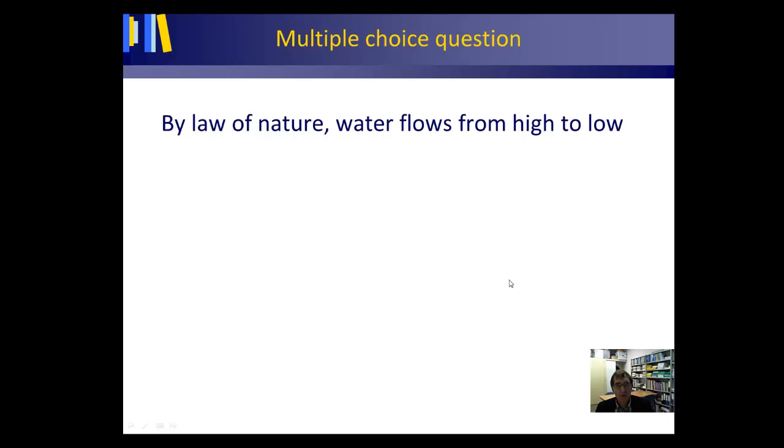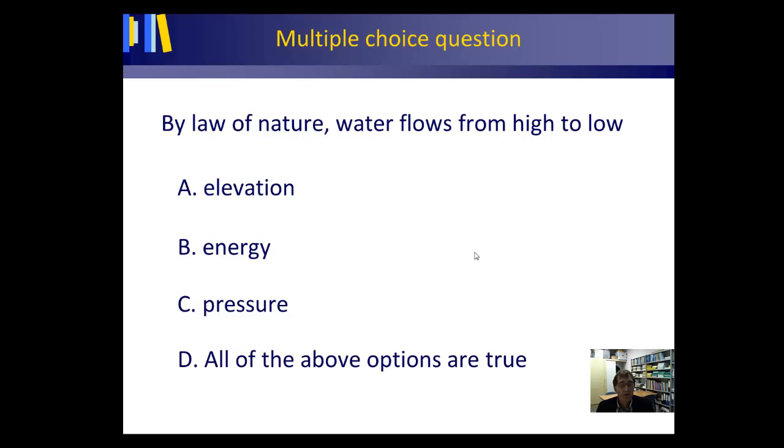But before we do that, let's do a little quiz, a multiple choice question. By law of nature, water flows from high to low elevation. Is that the right answer, or is the right answer by law of nature water flows from high to low energy? Or does it by law of nature flow from high to low water pressure?